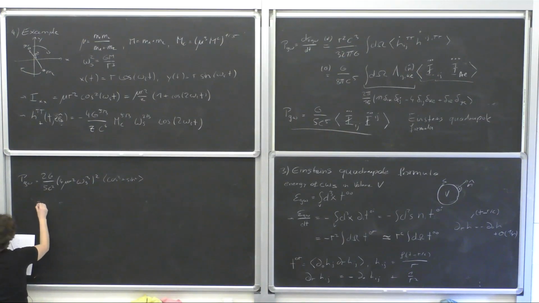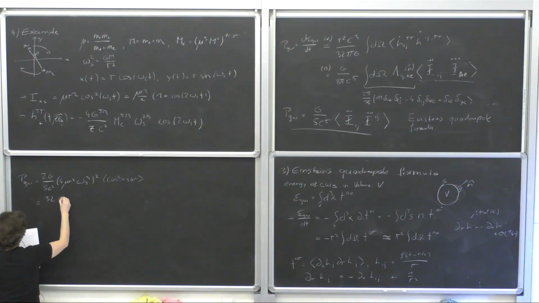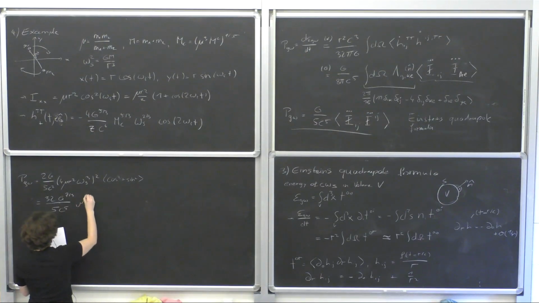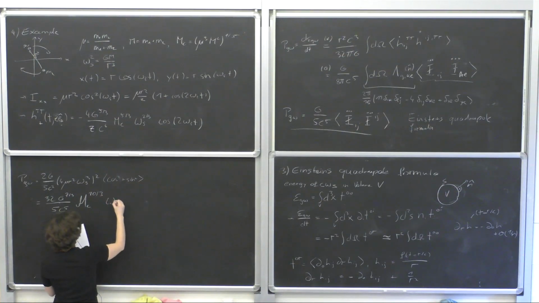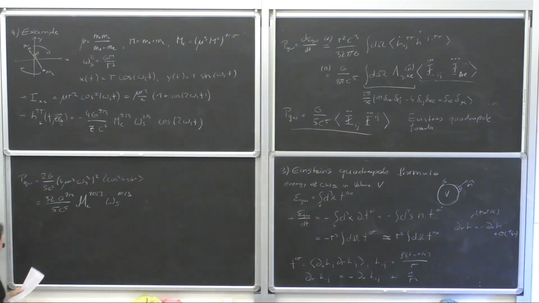And that means that everything together, I get some prefactor which depends on the chirp mass, Mc, and depends on the frequency. So the heavier my system and the closer the black holes are together, the more energy loss I'm getting.